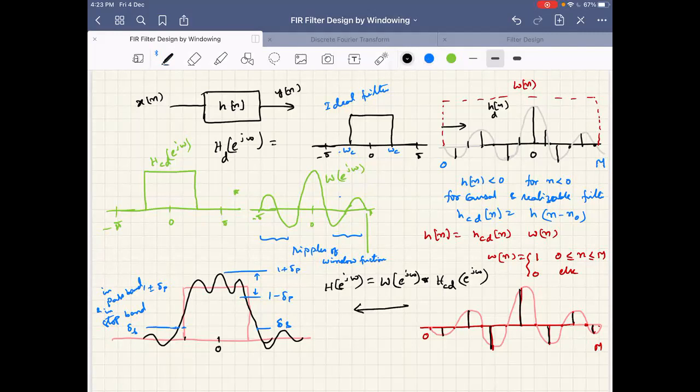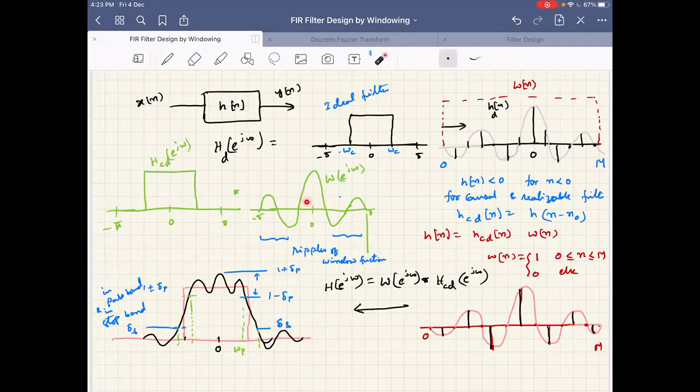Okay, we give delta p, delta s, and we also denote where the transition happens between the pass band to the stop band or stop band to the pass band. We consider this as the transition band. That means sharply we may not be able to go from the stop band to the pass band or pass band to the stop band, unlike in ideal filters.